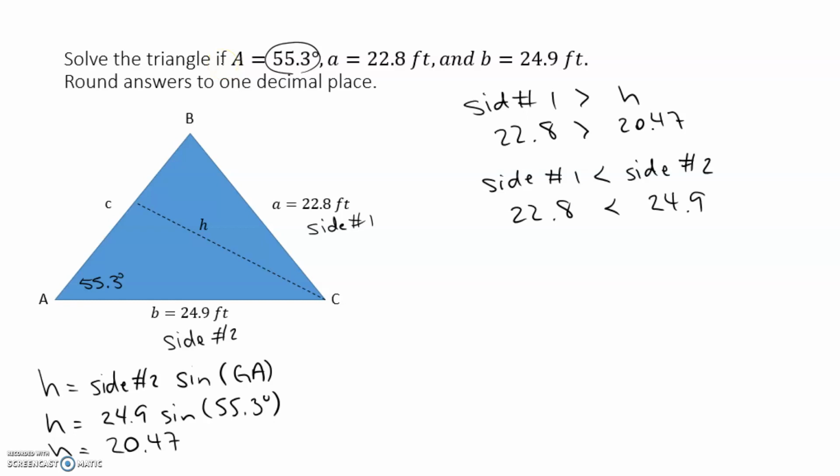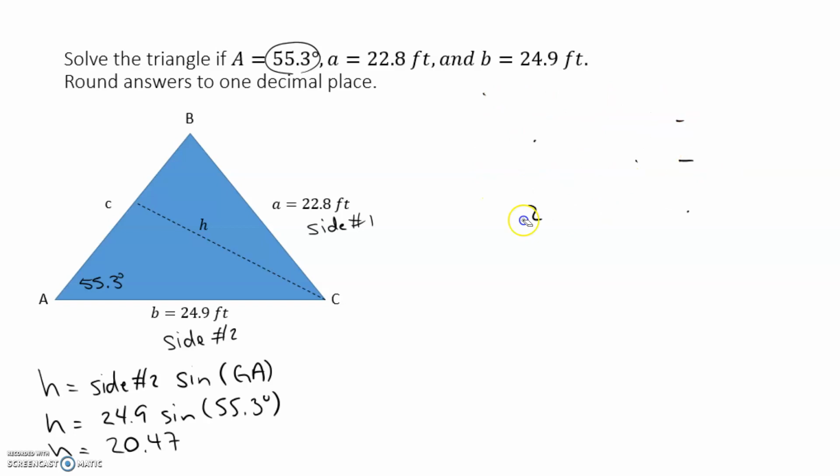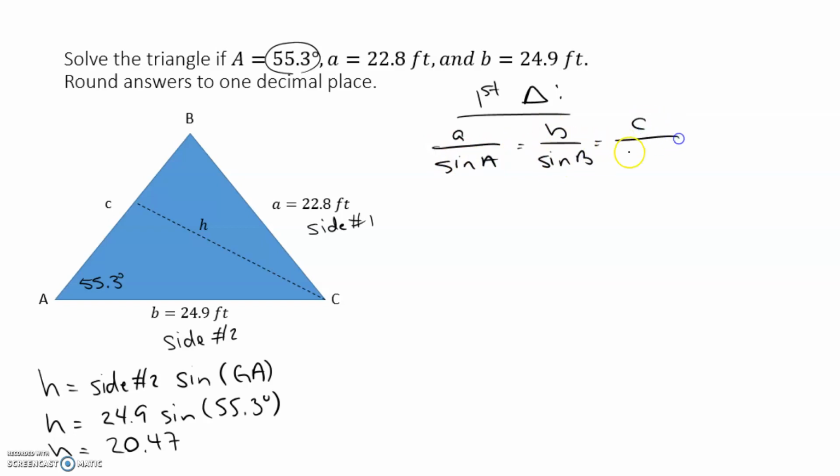All right, so I'm going to erase this part right here, and then we're going to find our first triangle. Okay, so I need to use the law of sine. So A over sine of A is equal to B over sine of B, which is equal to C over sine of C. And I'm using the law of sine here because I have a side-side-angle case.